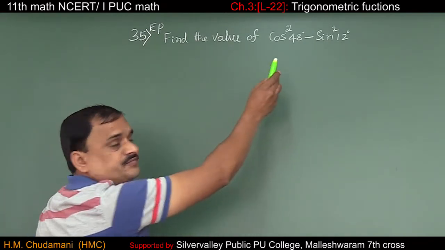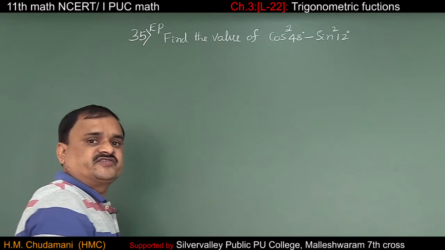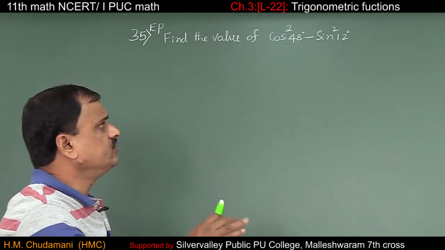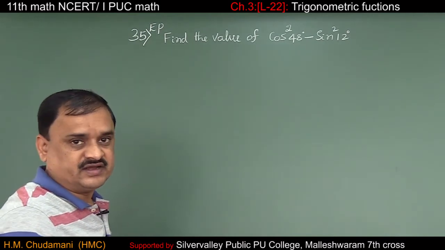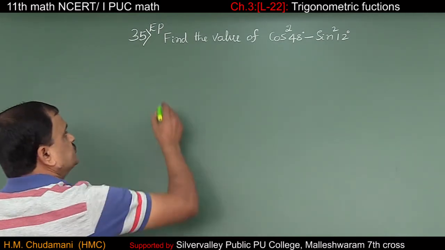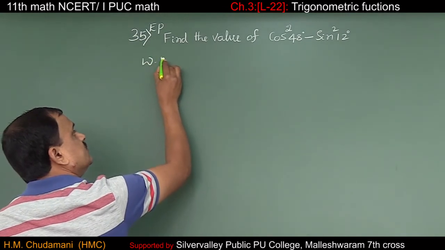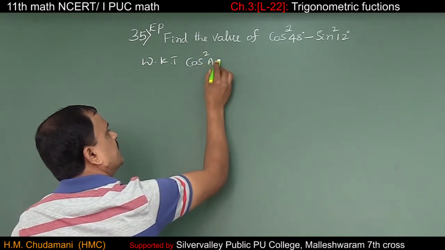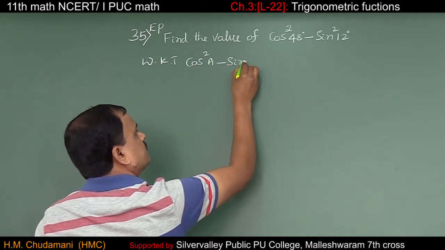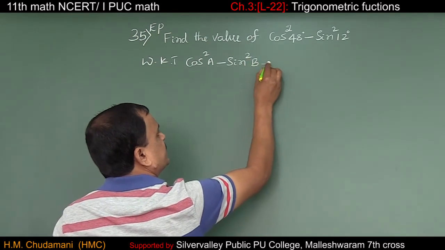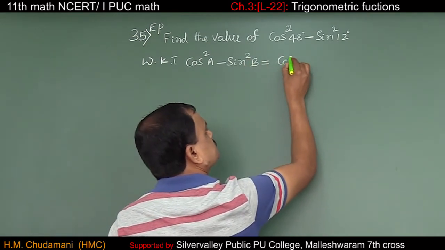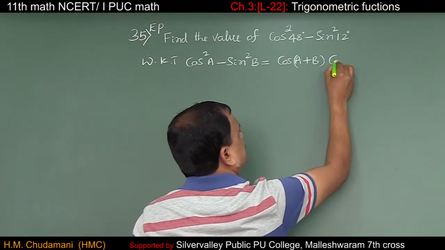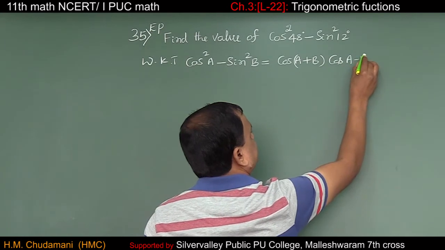See, this is of the form cos square a minus sin square b, which is cos of a plus b into cos of a minus b. Identity. I have proved this identity, of course. We know that cos square a minus sin square b is equal to cos of a plus b into cos of a minus b.